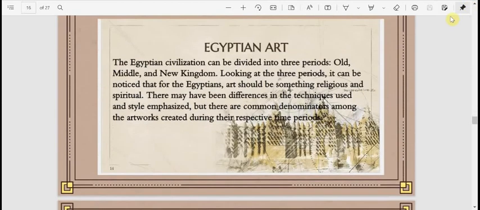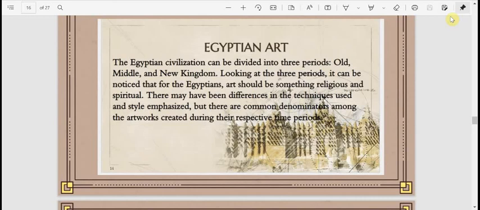So the Egyptian civilization can be divided into three periods. So again, Egyptian civilization can be divided into three periods. So, wag tayong malilito. Kanina yung Stone Age culture or Stone Age art, tatlo din, na-divide din siya into three eras. We have the Paleolithic, we have the Mesolithic, and lastly, we have Neolithic.